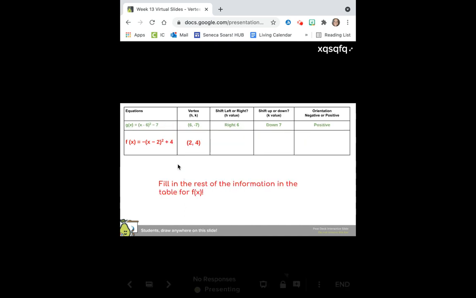The vertex is going to be positive 2 because I'm going to flip the sign from what I see in the parentheses, and positive 4 because I'm going to keep that number the same. So now fill in the rest of that table.